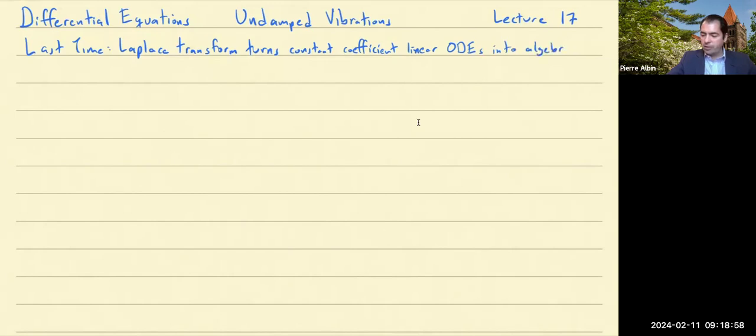So solving them just becomes a matter of doing some algebra and then recognizing the solution you get. This time, we're going to talk about vibrations in mechanical systems.